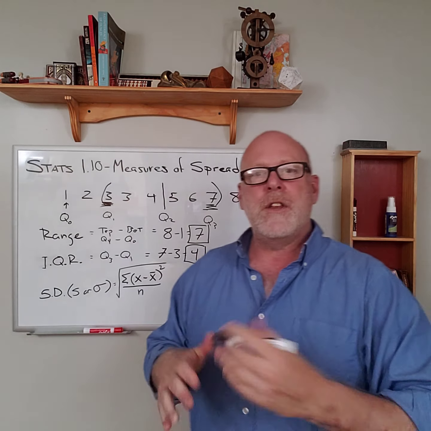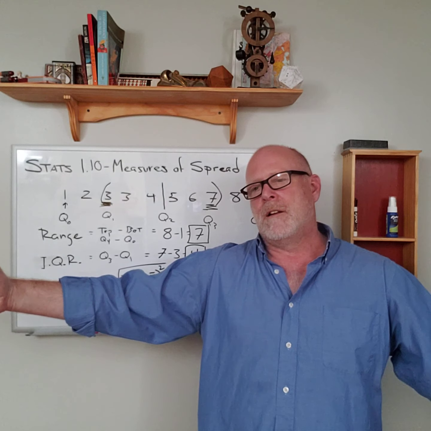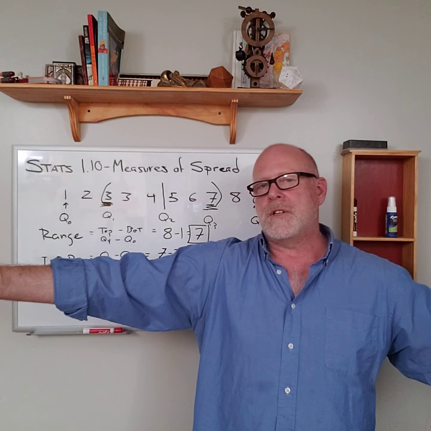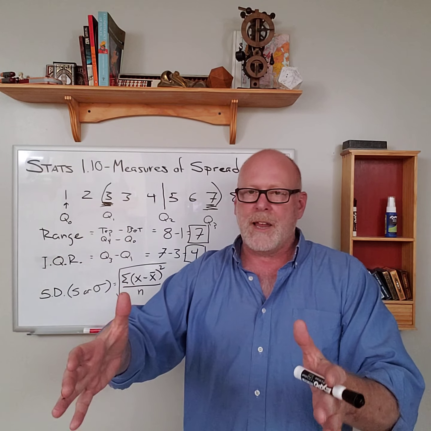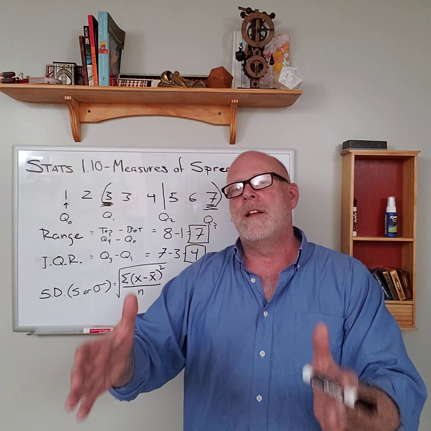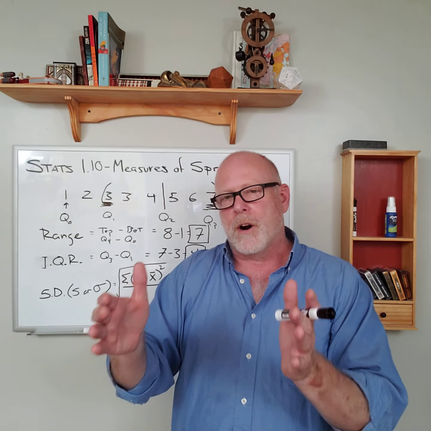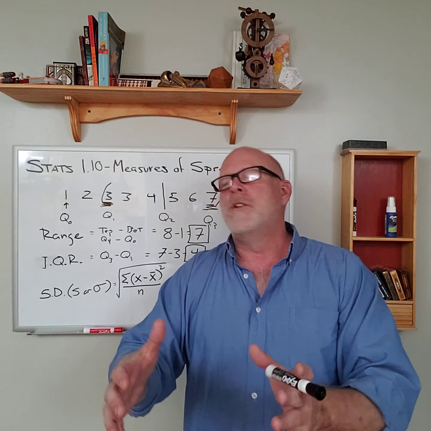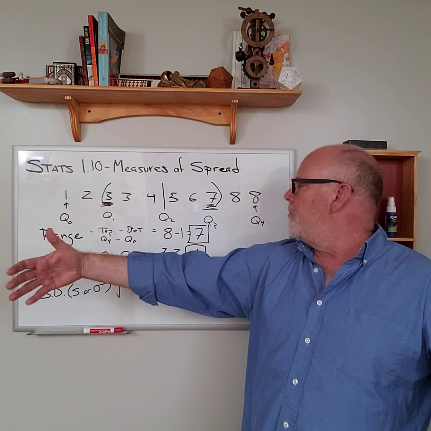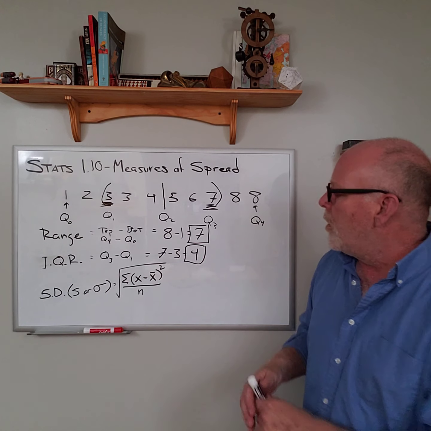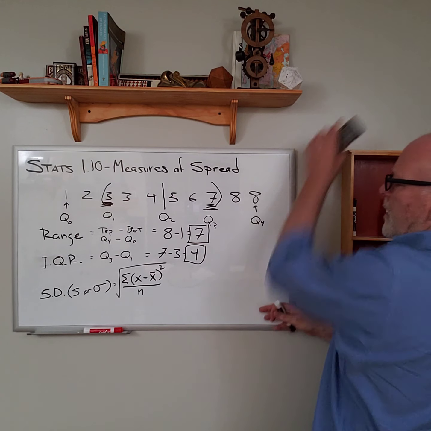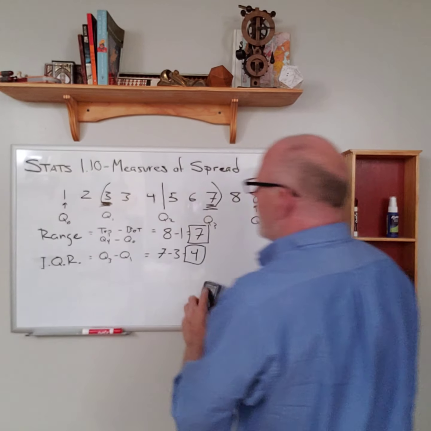So if I look at this whole set of data on the number line, it takes up 7 full units. If I say just the middle half, the most typical of the data, that's going to take up 4 units on the number line. So total spread out is 7, half spread out is 4. We are absolutely not getting a standard deviation here, so let me get rid of that ugly formula.